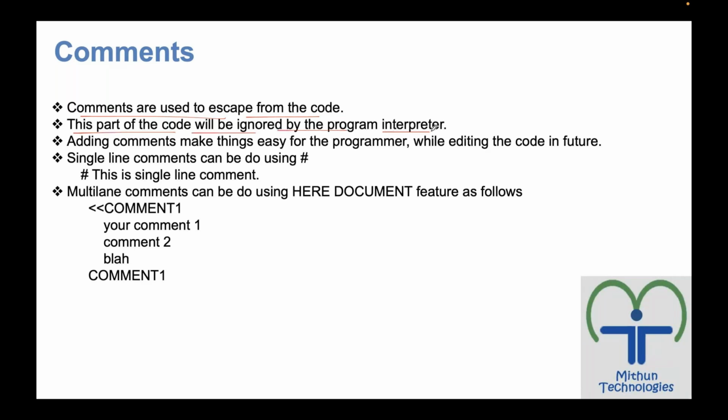Adding comments makes things easy for the programmer while editing the code in future. Single line comments can be done by using hash. Multi-line comments can be done by using the here document feature. So this one we are going to call the here document feature.